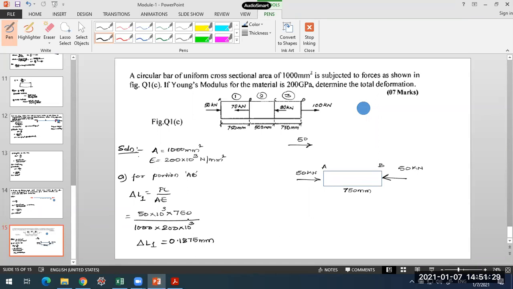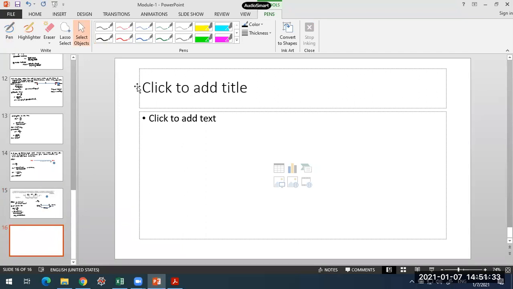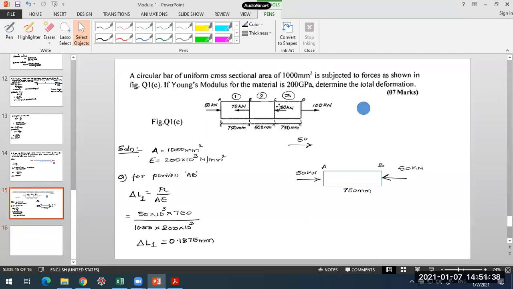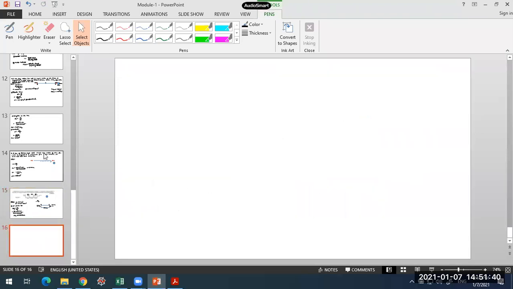This is the deformation in the first segment AB. Now next, we'll go and take the next segment in that bar. So here is the next segment that we have.